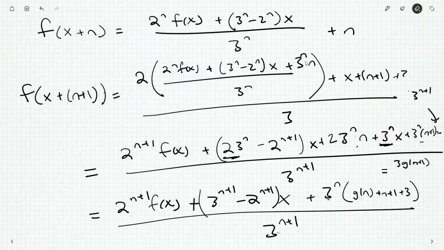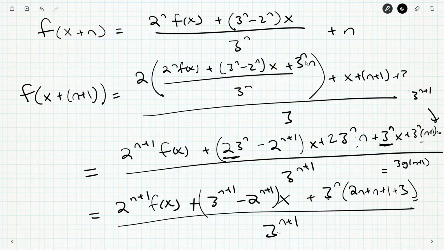So 2 times n. And so we'll have 2n here plus n plus 1 plus 3. And now we'll have 3n plus 4.